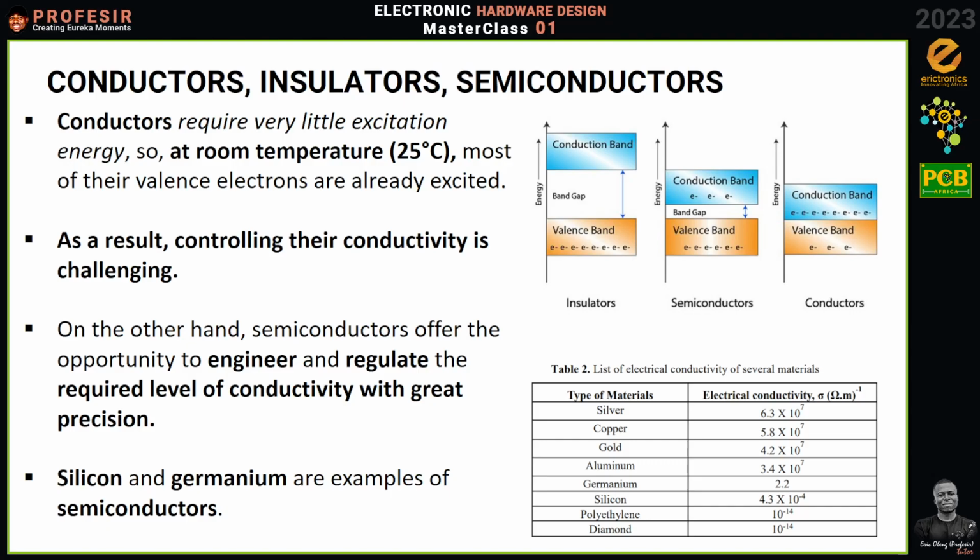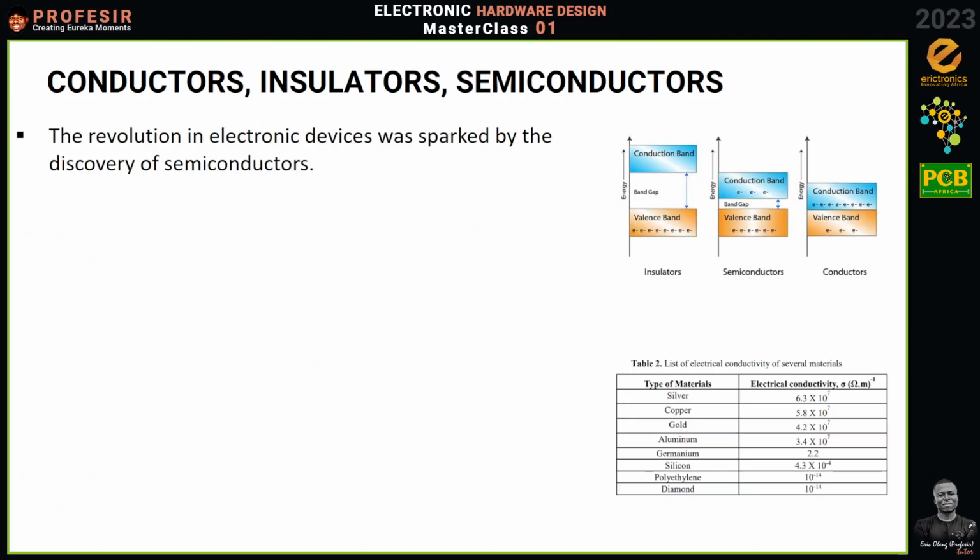If you want examples of semiconductors, you have silicon and germanium. I know silicon is more popular, probably everybody has heard about it. In those days, electronics used a lot of big stuff, triodes and all that, until they discovered semiconductors and realized that we can interfere with the conductivity of these materials.